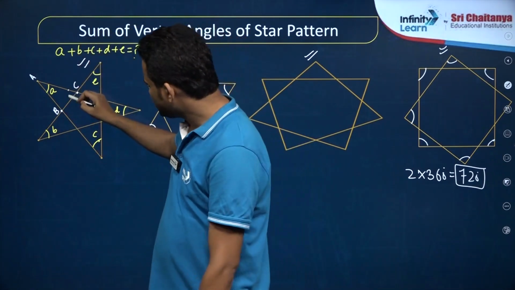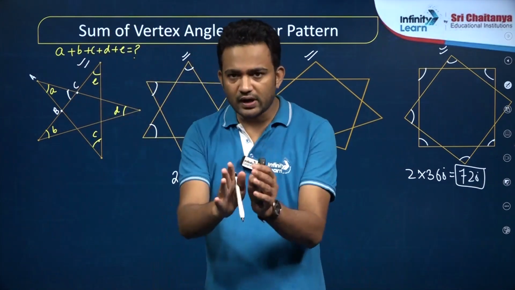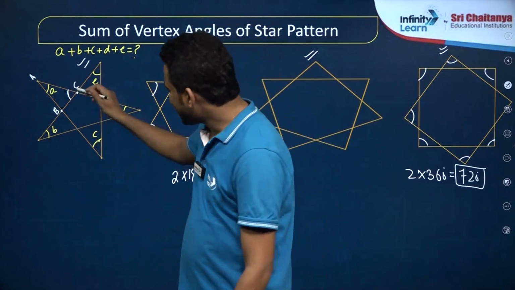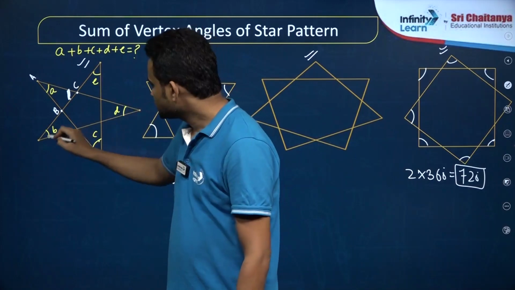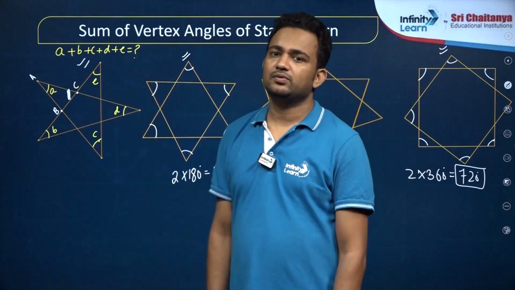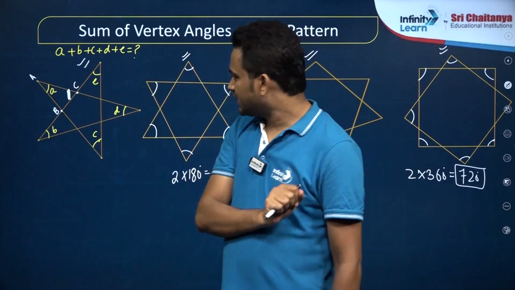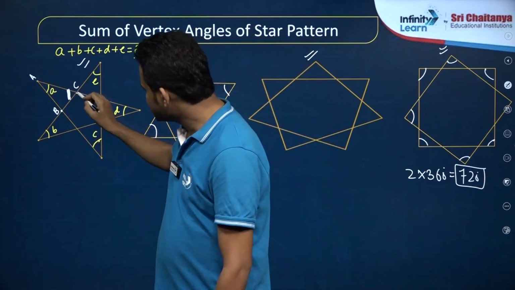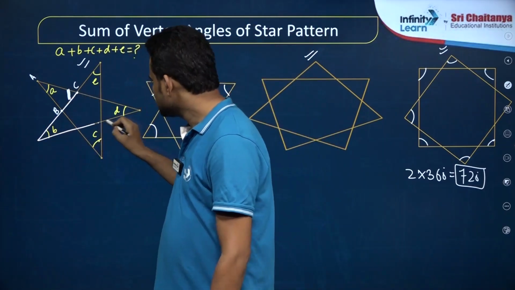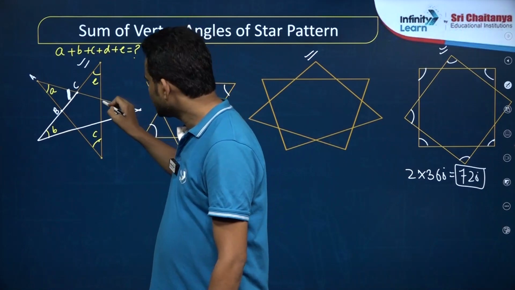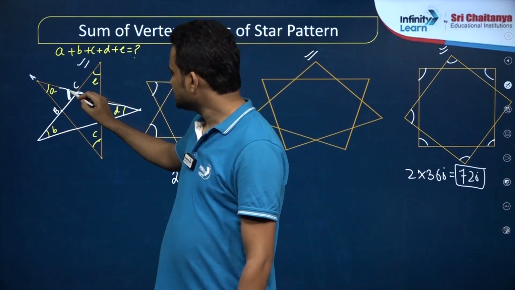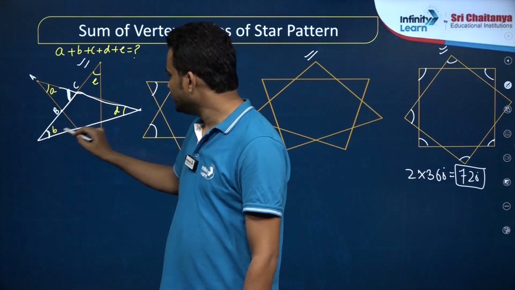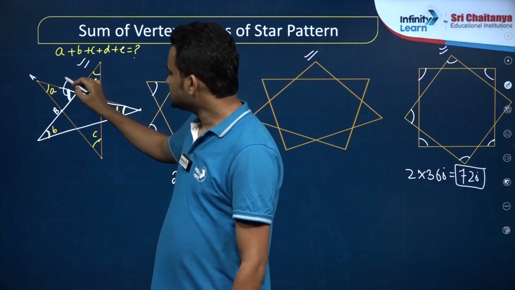Can you tell me the measurement of this angle? Yes, you can. How? This is the exterior angle of this triangle. So this angle will be equal to sum of opposite interior angle. So look at this triangle. So this is the exterior angle guys. So this will be equal to B plus D.